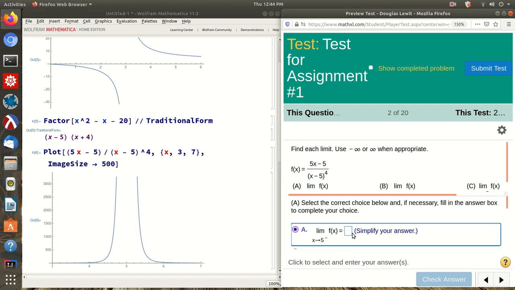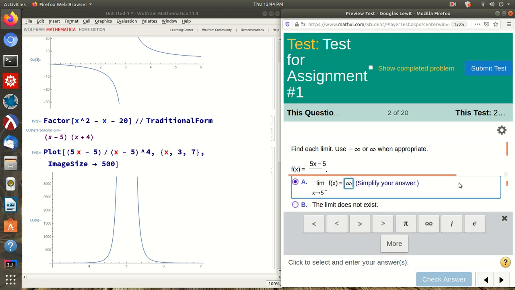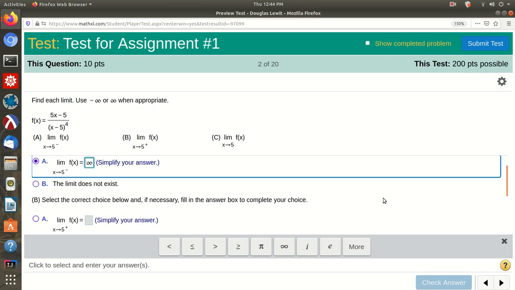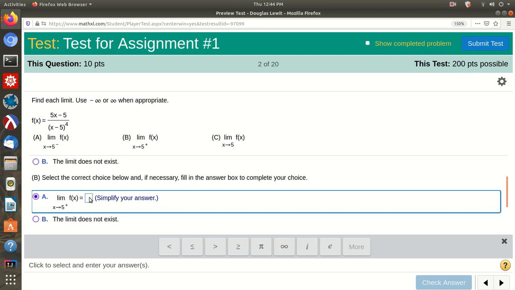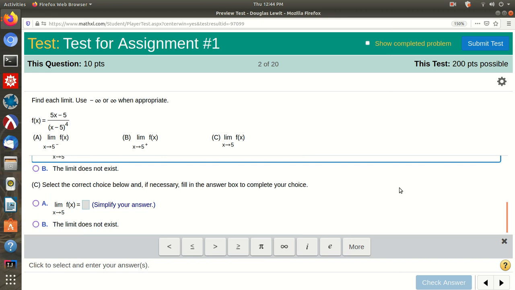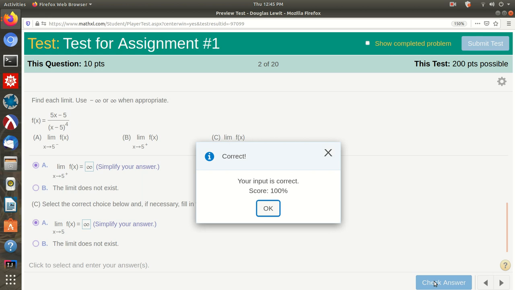So from the left side, I know the answer is going to be infinity. Let me expand this window. And here again, I know the answer is going to be infinity. All I'm doing is reading the graph. Here, you would simply say as x approaches 5, I'm approaching infinity. Your input is correct. Score 100%.